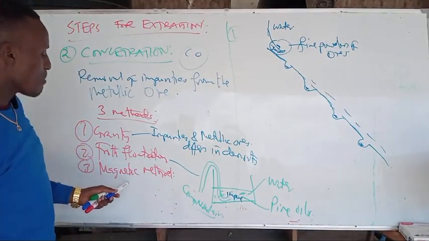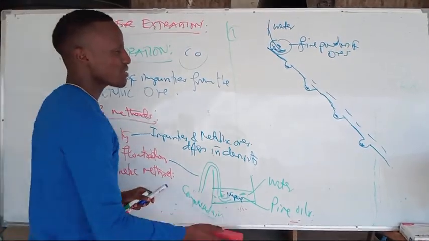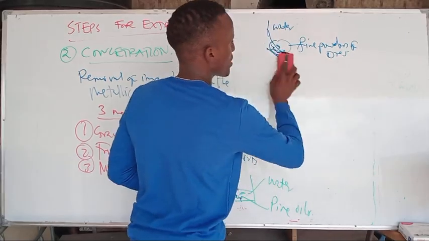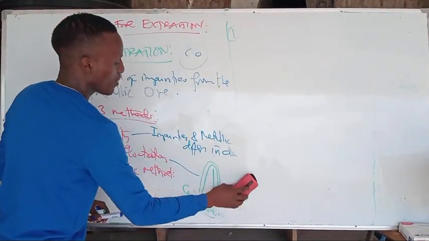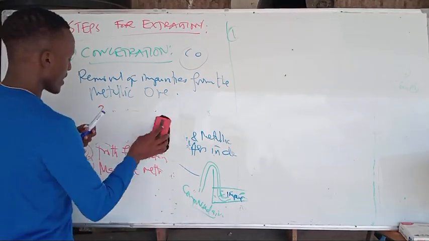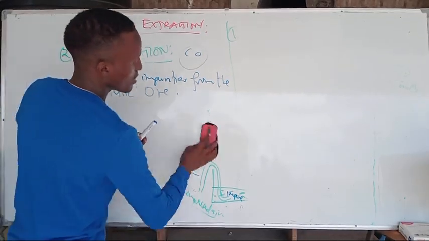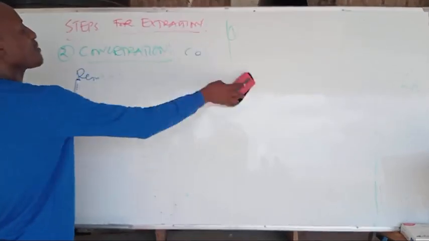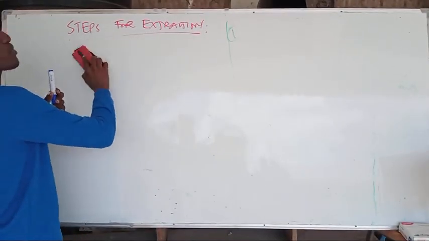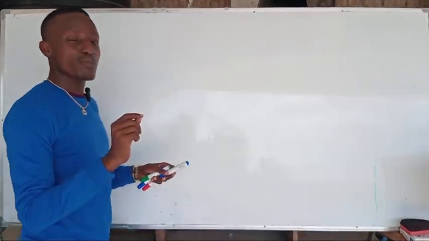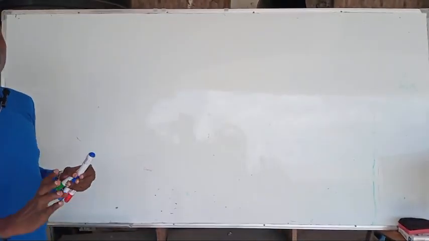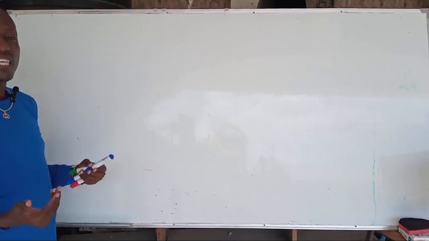But how about the magnetic method? How does the magnetic method work? The third one is the magnetic method. Let's start with the magnetic method. The magnetic method actually depends on the magnetic property. It is used when the difference between the impurity and the metallic ore is in their magnetic properties.